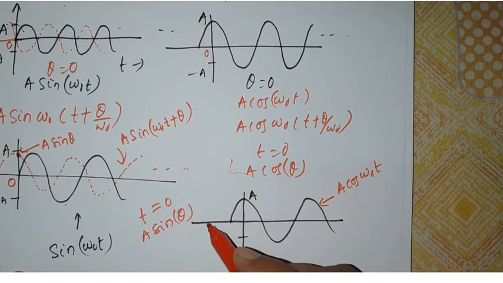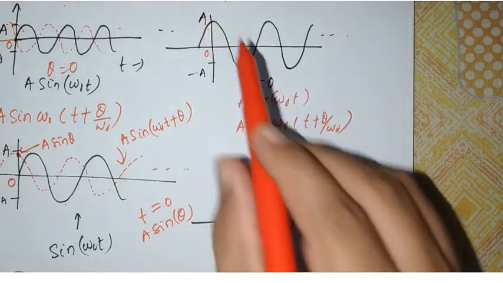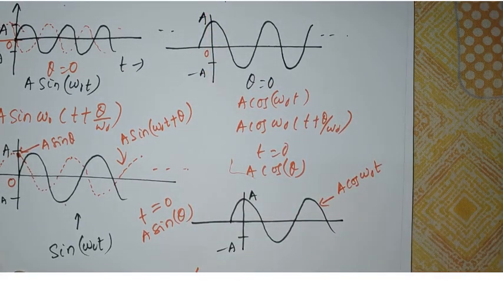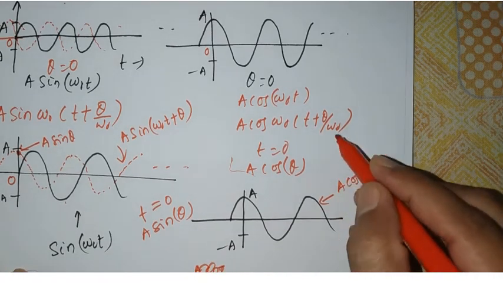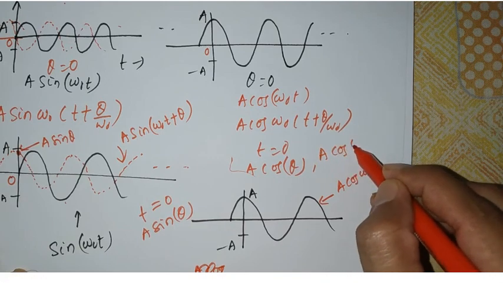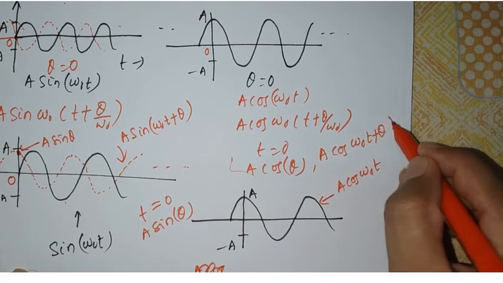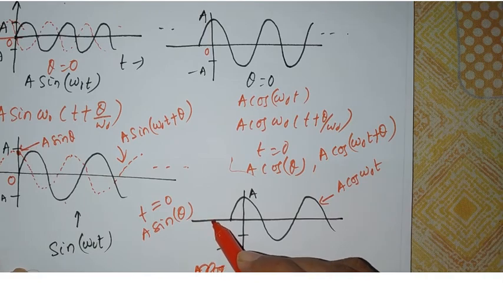Now if you want to plot A cos of omega 0 t plus theta, then it will start a little earlier.